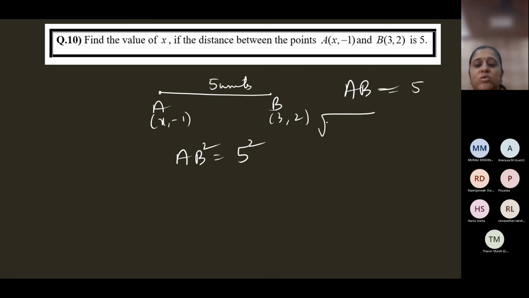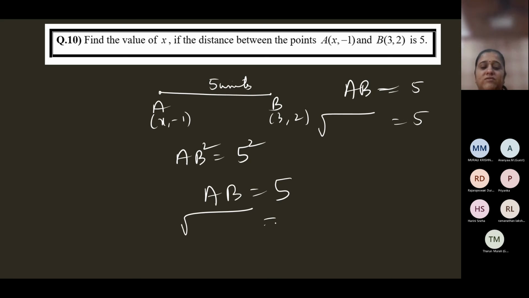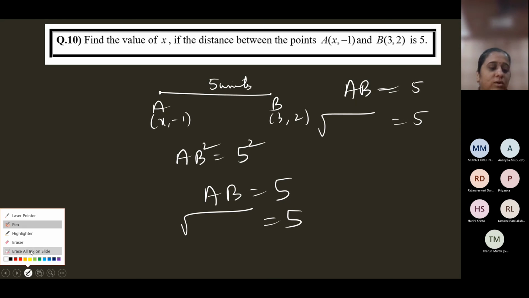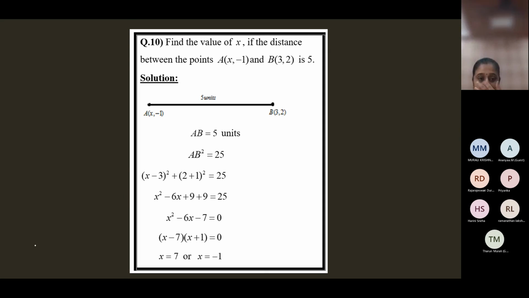Square root of (x2 minus x1) the whole square plus (y2 minus y1) the whole square, is equal to 5. Then square on both the sides. Very simple. The distance is 5 units, meaning AB is equal to 5. For AB, you should use the distance formula. That's the work and you'll get the value of x.